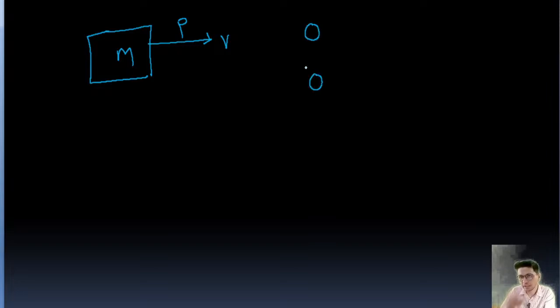This is the heavy particle M whose momentum is p, with velocity v. And similarly, there are two small particles.